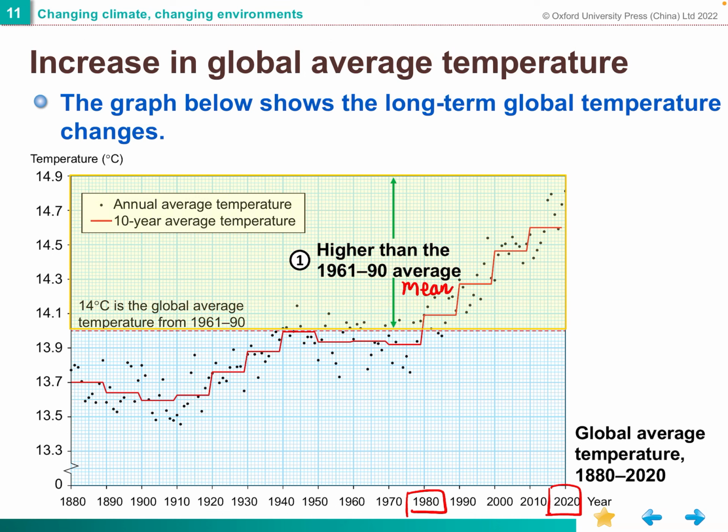Can you mark down in your textbook or in your notes that it's higher than the average. I think you had better mark in your notes, some of you find it easier to read, or you can mark your textbook, still up to you. We found that the temperature is higher than the average in recent years, they are above the average. I'll give you time to mark down higher than the average.